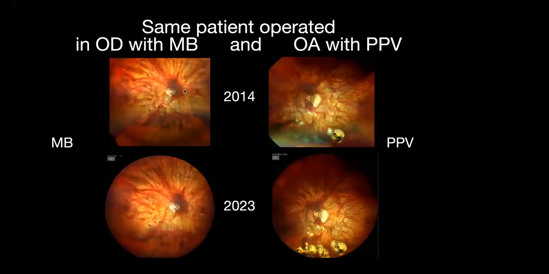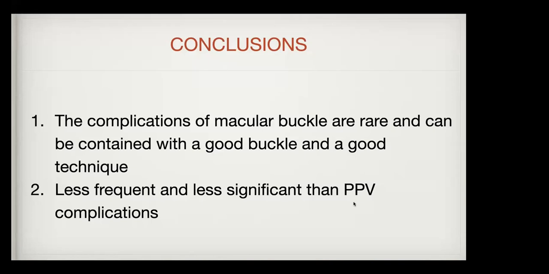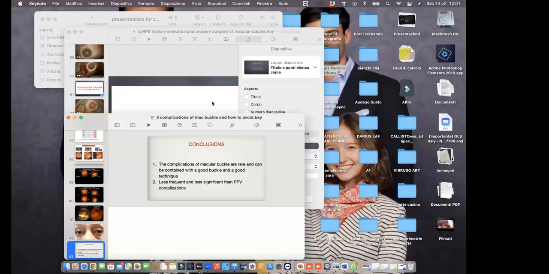This is another example. On the left, a buccal eye. On the right, the contralateral pars plana vitrectomy eye. Again, other examples. So in conclusion, basically, I can tell you that the complications are rare and much more manageable than the complications you see with the pars plana vitrectomy.